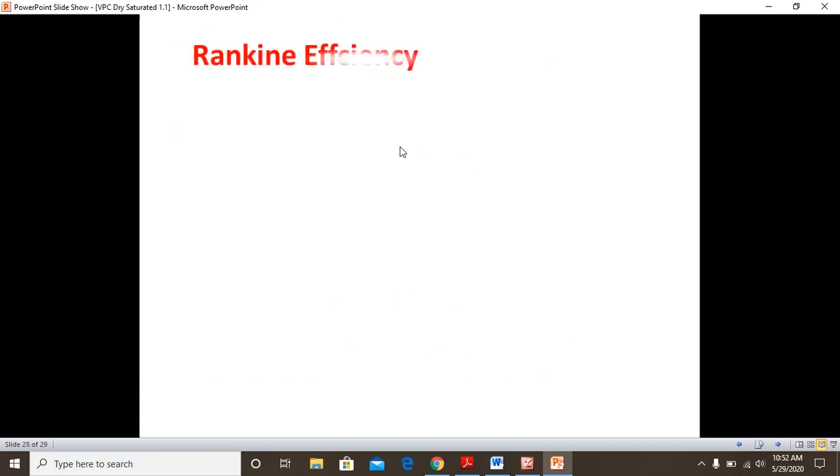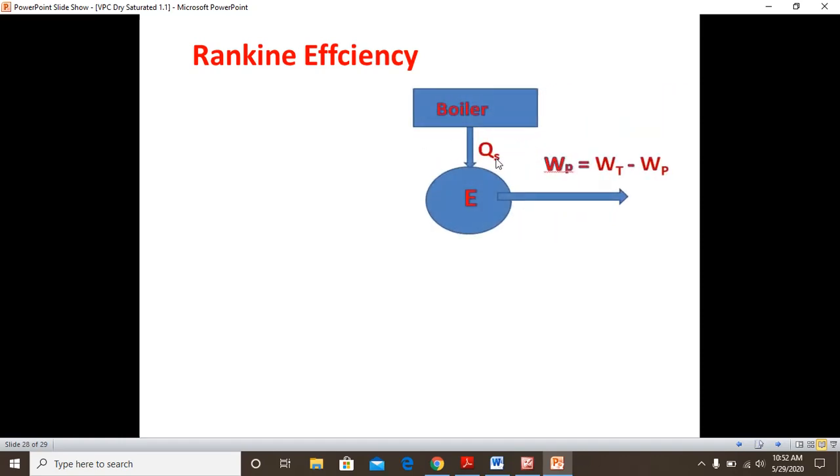Therefore your Rankine efficiency, what is the efficiency? It is output to the input. Therefore your Rankine efficiency can be explained by the second law of thermodynamics, considering the amount of heat energy supplied and the amount of work produced.